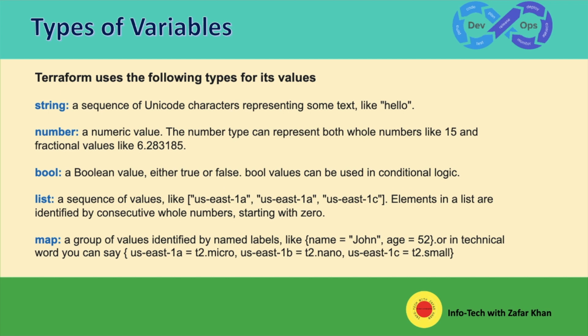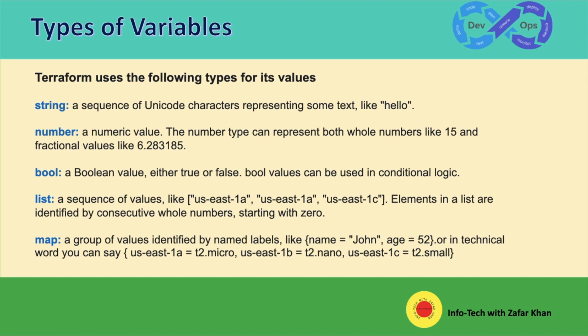It will be identified by consecutive whole numbers starting with 0. Remember it. The first one, us-east-1a, will be 0, the second one will be 1, the third one will be 2, and similarly. So it will start with 0. I will show you.